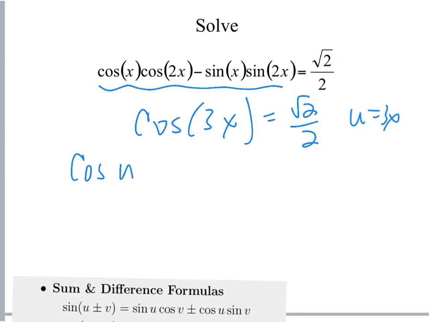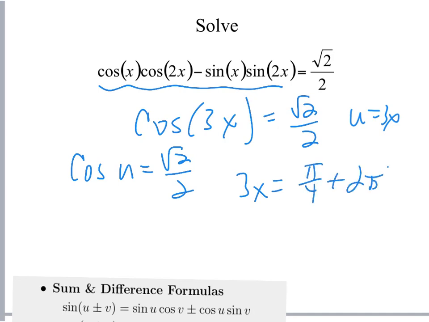So the cosine of u equals root 2 over 2. That's a unit circle problem, right? Cosine's positive, so we'll know that 3x will equal, what is that? Pi over 4 plus 2 pi k. And we'll know that 3x equals 7 pi over 4 down in quadrant 4. You can go check that out in the unit circle.